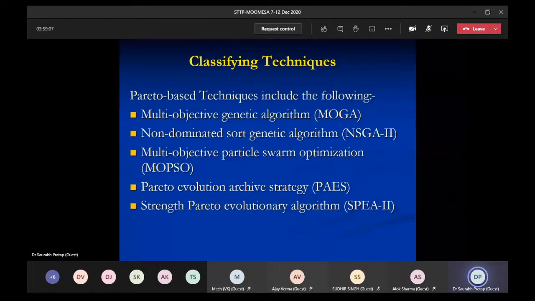Even I think some of you have learned operations research, and in that subject the simplex method is also an exact method. So the first one is the exact method, the second type is the metaheuristic, and the third one is the heuristic.